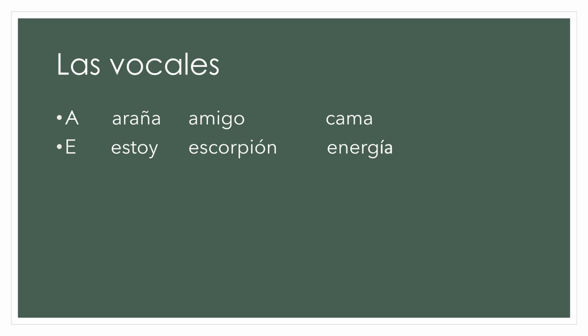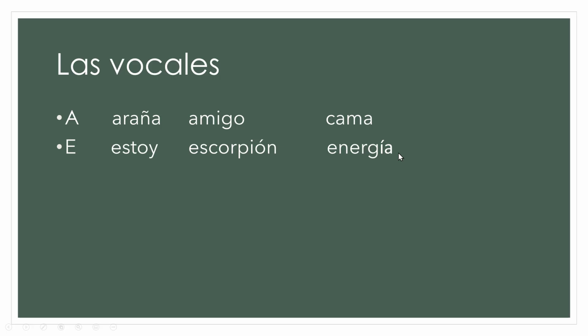Estoy, that means I am. Escorpión, can you guess what that means? Scorpion. Energía, can you guess what that means? Energy. You got it. So as you can see, some words are going to be very similar, so don't be afraid to guess.